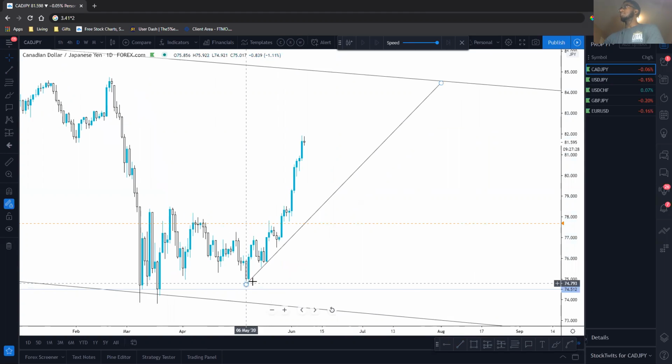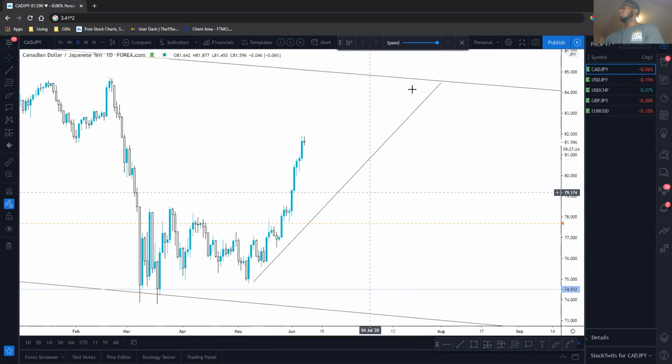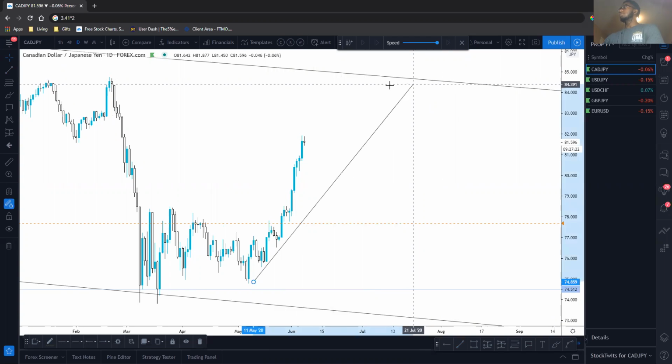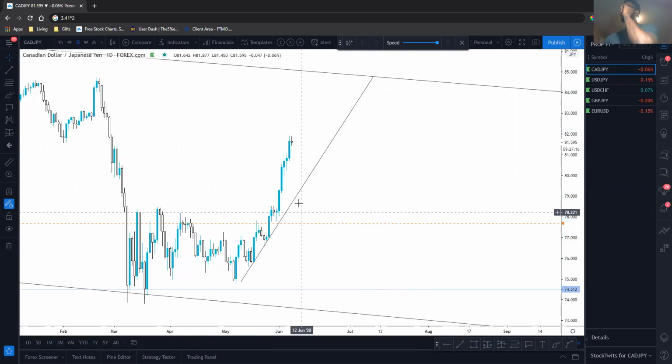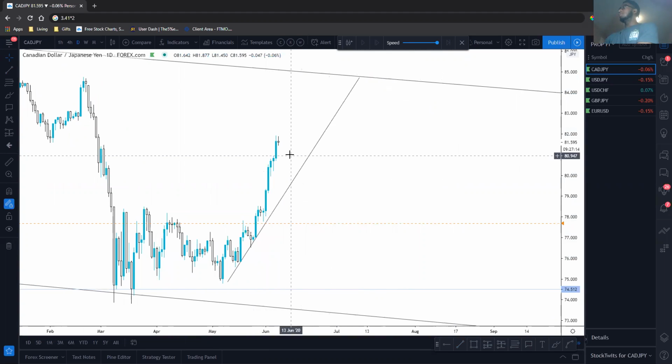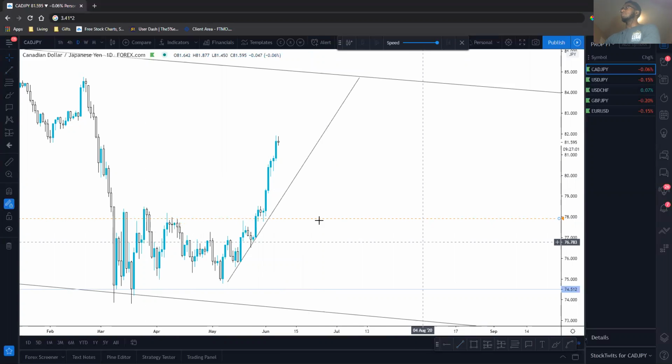As price continues up, you can see the trend line kind of gets a little bit steeper. So I'm going to draw a tight trend line right there. The only way I'm selling is if price breaks this trend line, and I would be looking to sell right here where my alert is at. Look for price to retest this area right here.